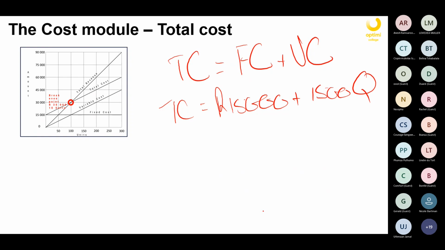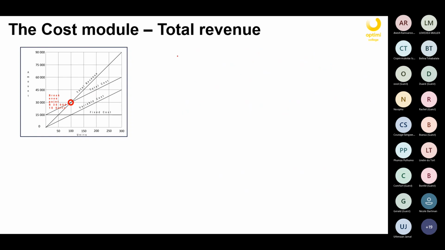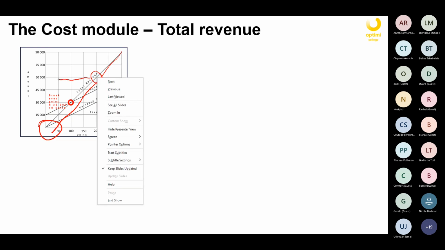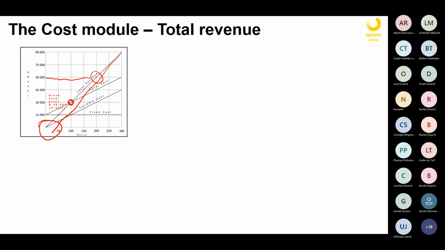Next one I need to get is my total revenue. Now I go to my total revenue line. My total revenue line also has its origin at 0. And in this case, it is this line. Now I also read it off just the way I calculated my variable cost. Let's go for that point. We've got 60,000 that way, and we've got 200 units that way.